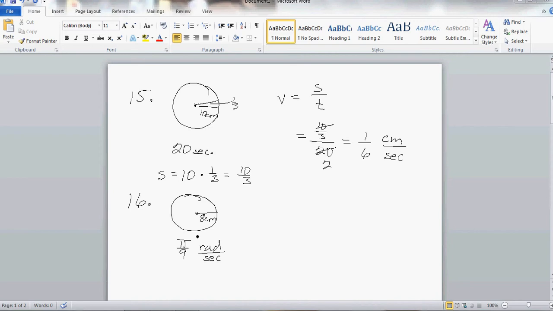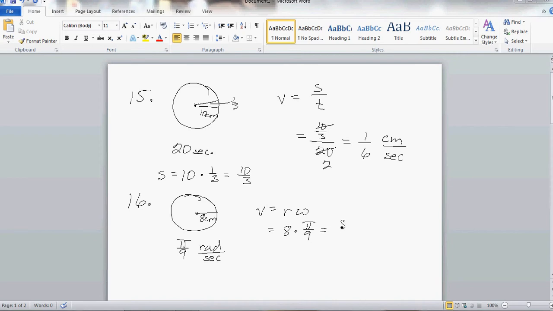What is the linear speed? Well, the linear speed is the velocity, and that is r omega. R still represents the radius, so that'd be 8. Omega represents the angular speed. Well, the angular speed in this case is pi over 9.